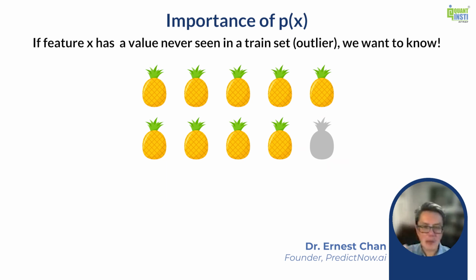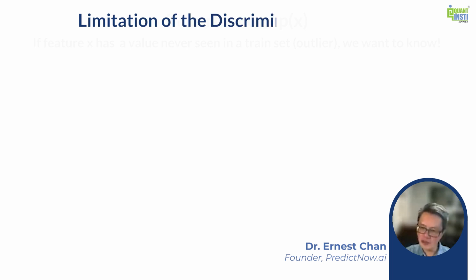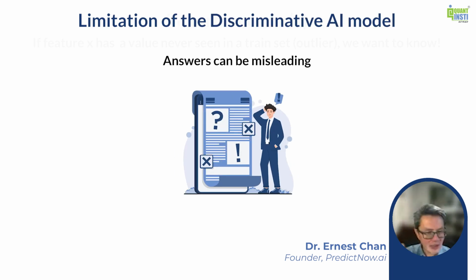We don't want to blindly trust a model that is built on a bunch of values and has never seen this outlier. The traditional discriminative model has this limitation: whatever you stick in as the predictor, it will give an answer, even though that answer can be completely misleading because the model was not sufficiently trained on these outliers. That happens quite often in finance.